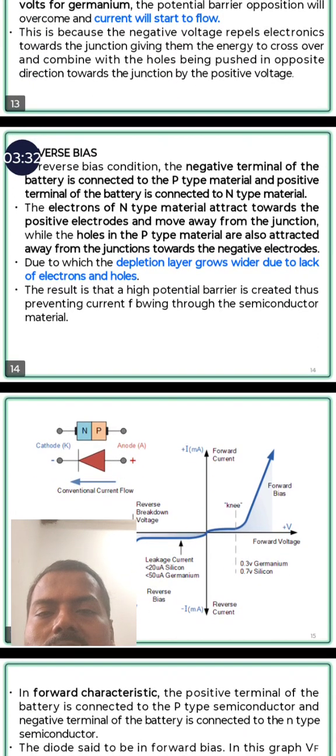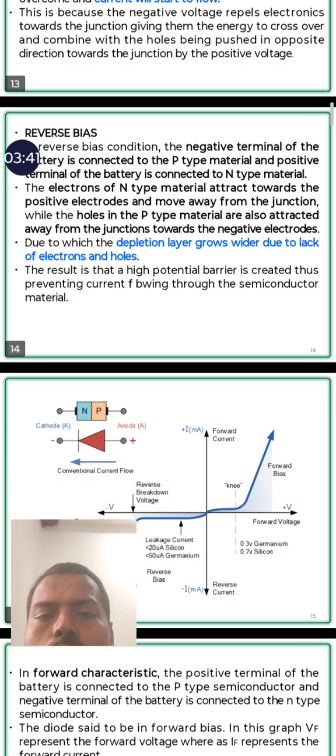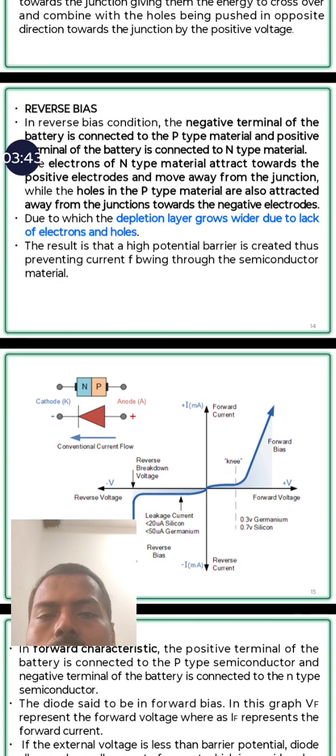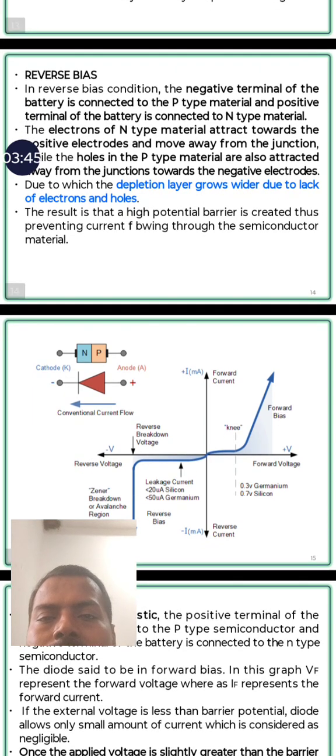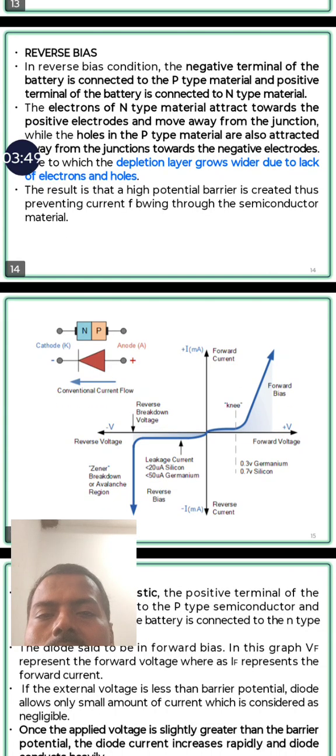Whereas in reverse bias, the negative terminal of the battery is connected to the P side with respect to the positive terminal. Now it attracts the positive electrodes away from the junction, while the holes in the p-type material are also attracted away from the junction towards the negative electrode, due to which the depletion region grows wider due to the lack of electrons and holes.